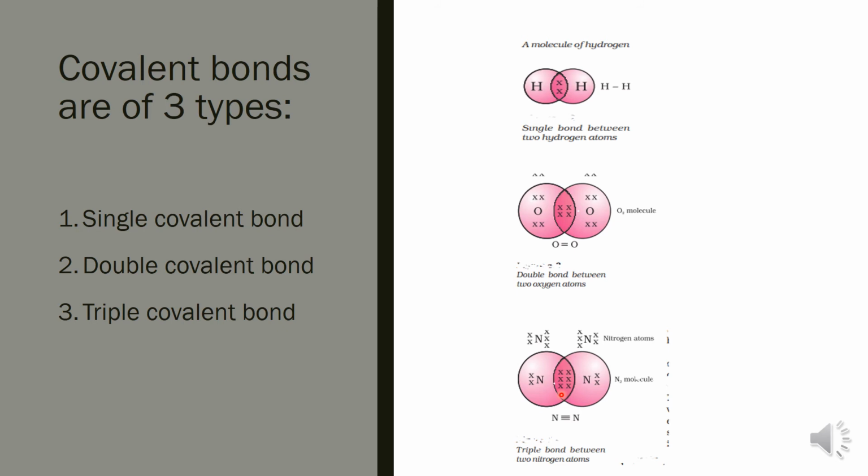I would say here actually there are 3 pairs of electrons which are belonging to both the nitrogen atoms, and these 3 pairs will be represented by 3 dashes in between 2 nitrogen atoms. So triple bond is represented by 3 dashes in between the 2 atoms where the triple bond is forming.